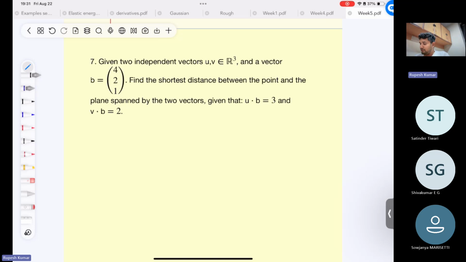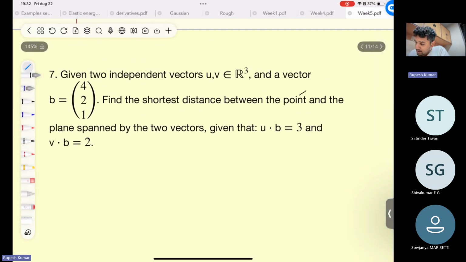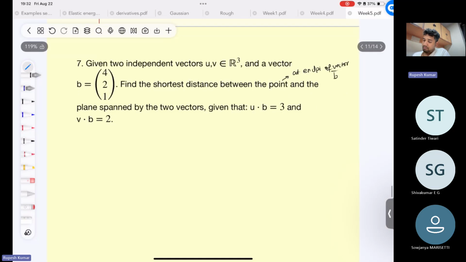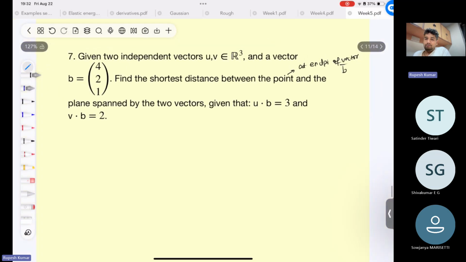Given two independent vectors u and v that belong to the 3D space, and a vector b which is 4, 2, 1, find the shortest distance between the endpoint of vector b and the plane spanned by the two vectors, given that u dot b equals 3 and v dot b equals 2. Again, we will try to solve this problem.